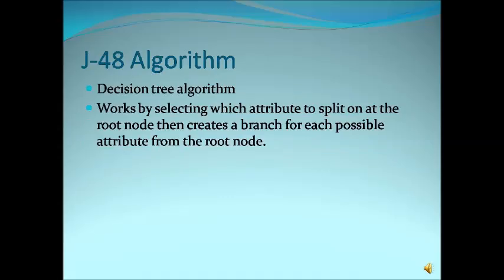The next algorithm we looked at was the J48 algorithm. This algorithm is a decision tree algorithm, and it works by selecting which attribute to split on at the root node, and then creates a branch for each possible attribute value from the root node.